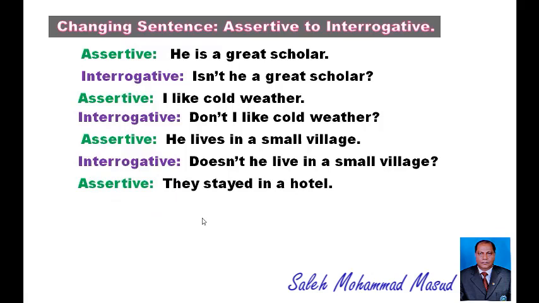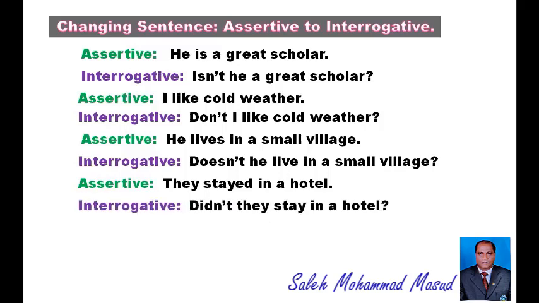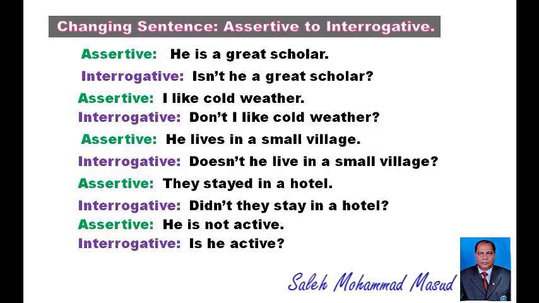It's simple past, and so we have to use didn't. And the answer would be, didn't they stay in a hotel? Next sentence, he is not active. It's a negative sentence. So the auxiliary is will go before he, and we have to make the sentence positive. And the answer would be, is he active?